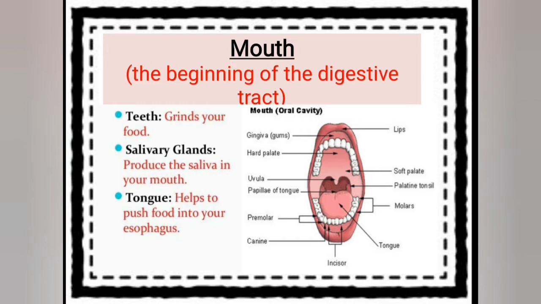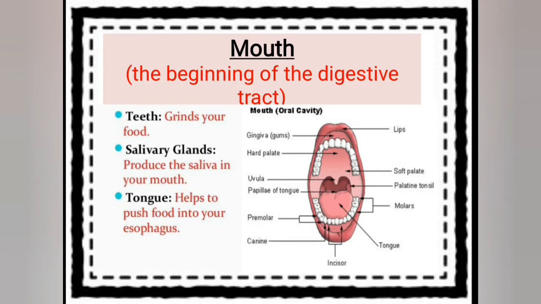The mouth consists of teeth, salivary glands and tongue. So why do you have teeth? The teeth basically help us to grind the food. They help us to break the larger molecules of food into smaller molecules. There are different types of teeth like incisors, canines, molars and premolars.